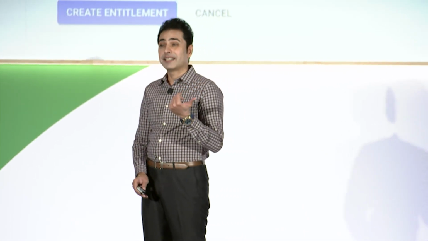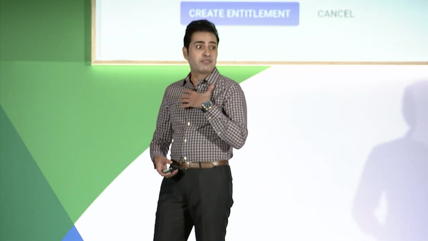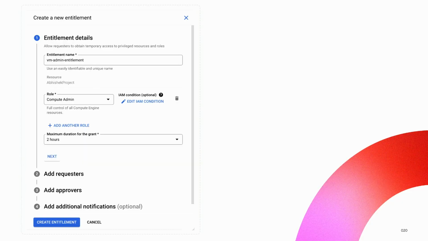So this is what an entitlement looks like. Instead of giving me the permission to be the compute admin, you can actually create an entitlement, which basically says, if you were granted this entitlement for a certain amount of time, based on a certain approver approving it, based on a certain justification provided by you, you can be a compute admin, and IAM will honor that.